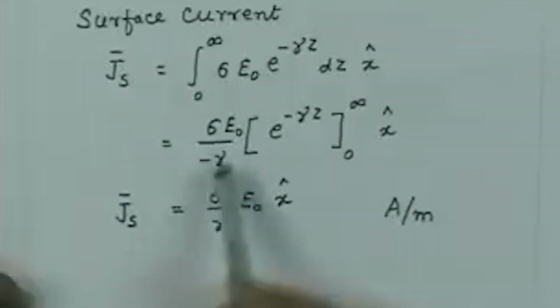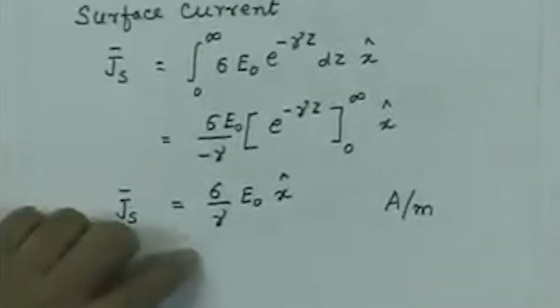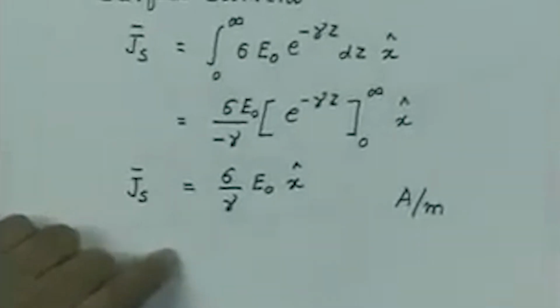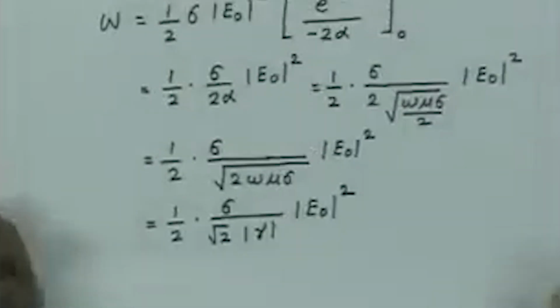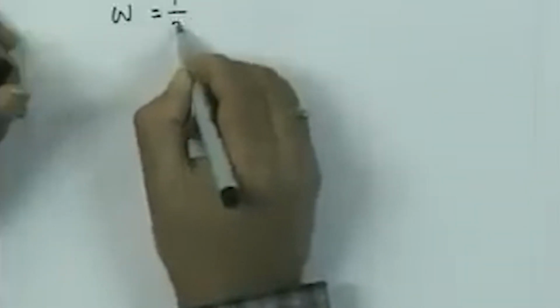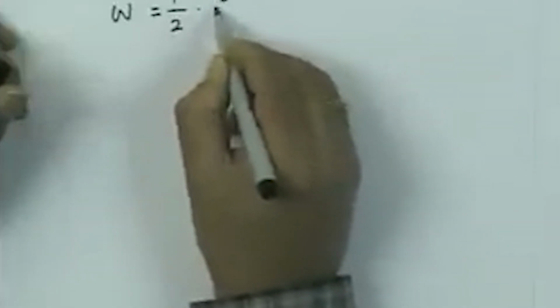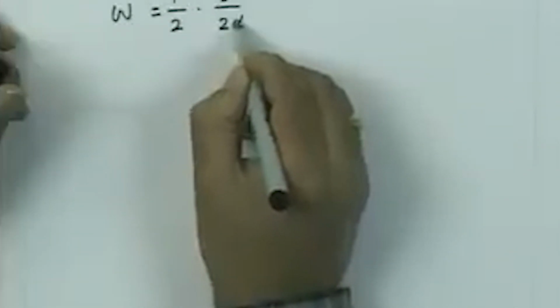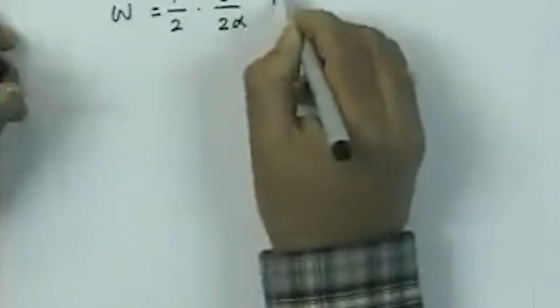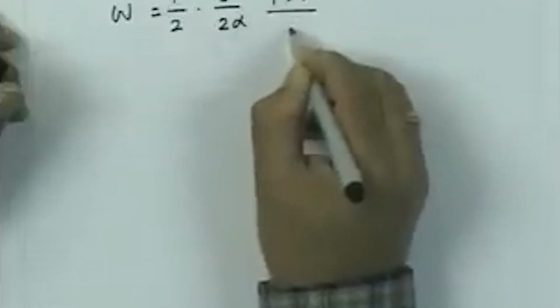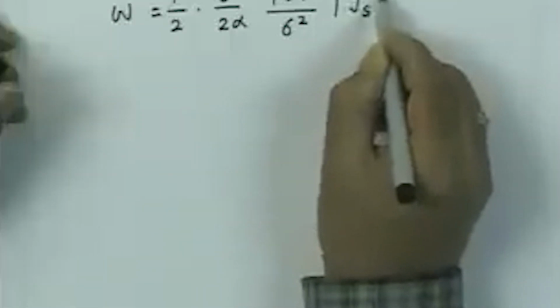So, what we can get from here, if I write this appropriately in terms of the surface current density, I will get the power loss, which can be written as power loss W equal to 1 upon 2 sigma upon 2 alpha into mod gamma square upon sigma square into Js square.